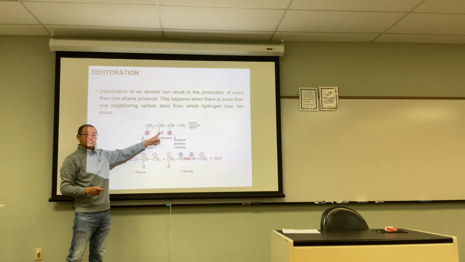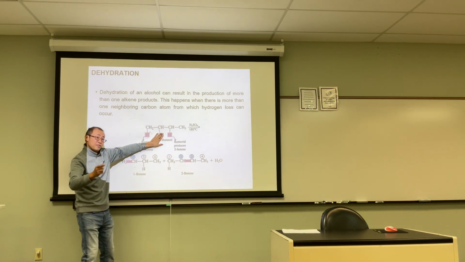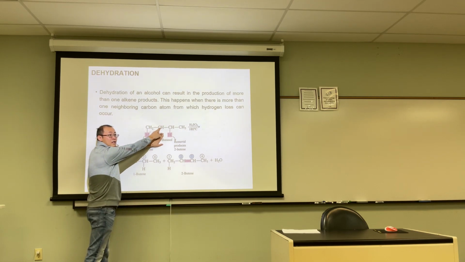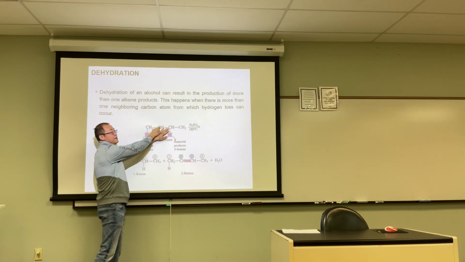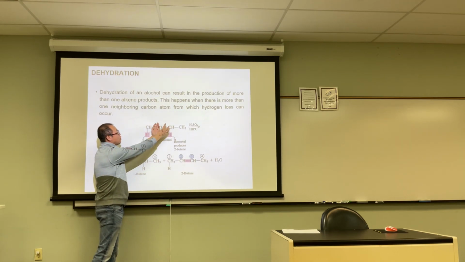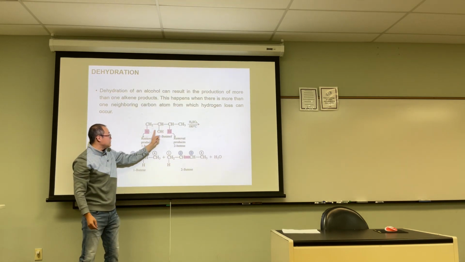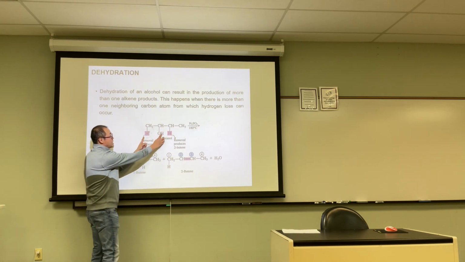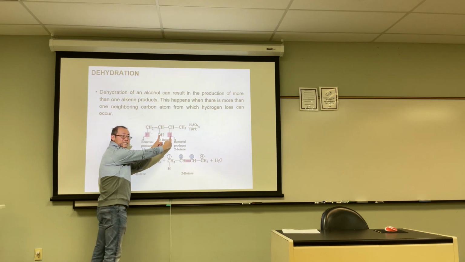This is where the OH is attached. So if you want to take water away, the OH is from here, no problem. But the H can either be from number 1 carbon, this is 2, right? Or number 3 carbon, because there are 2 carbons next to the number 2 carbon. Either 1 and 2 or 2 and 3, because both of these 2 carbons have hydrogen on them. So that means you can remove water between here and here, or here and here. Do you guys see that?